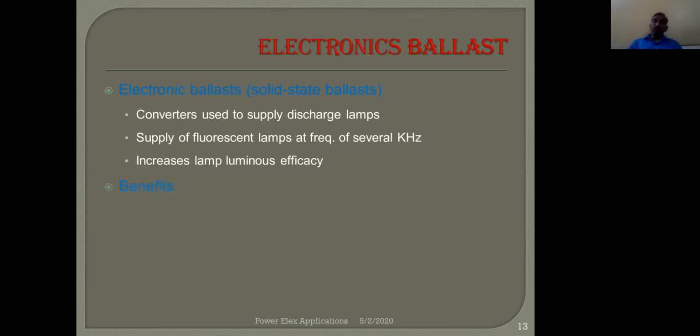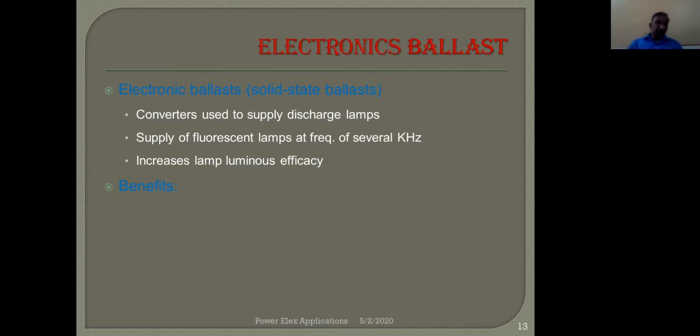This ignites the lamps, and higher frequencies increase the lamp luminous efficacy, because the entire spectrum is not a useful spectrum. Only some part of it, the visible spectrum, is useful, and the ballast has to concentrate over that part.